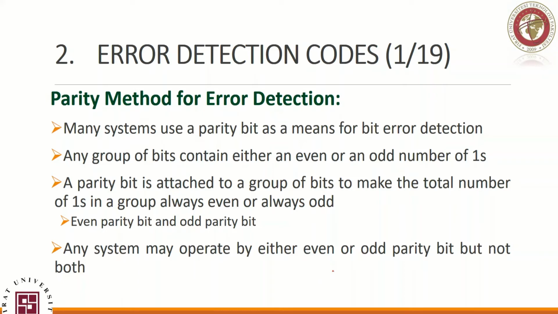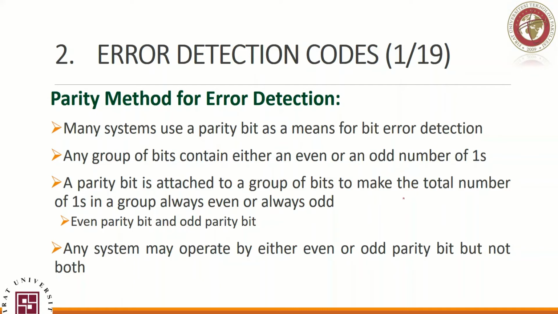Assume that you have a binary code, and this code has a certain number of ones. The number of ones will be either even or odd. If it is even, the number of ones will be 0, 2, 4, 6, and so on. If it is odd, then it will be 1, 3, 5, and so on.